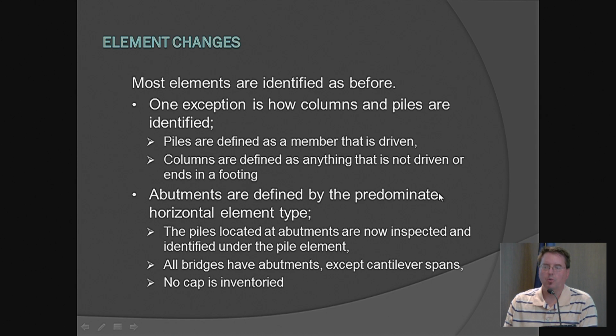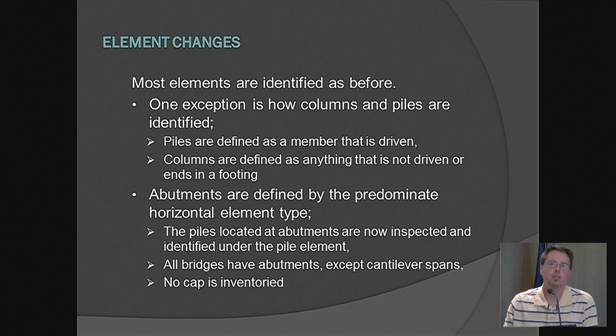All of your bridges are going to have abutments, except for a few cases where you have cantilever bridge ends. Those bridge ends are just kind of floating out there, so those bridges will not have an abutment. If you have a multi-span bridge, say 2 spans, you're going to have an interior pier, and you might have a cap on that particular interior pier, but we're not going to call it a cap at the end.